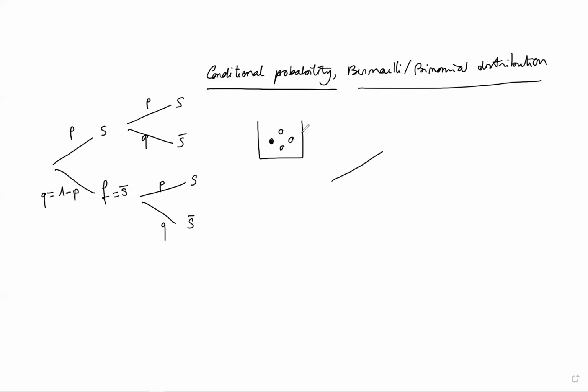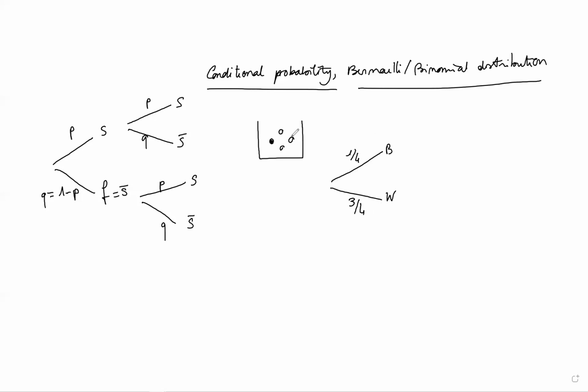It won't change the calculation because they are symmetrical. So black ball, white ball. Having a black ball here has probability 1/4. And the probability of having a white ball is 3/4.